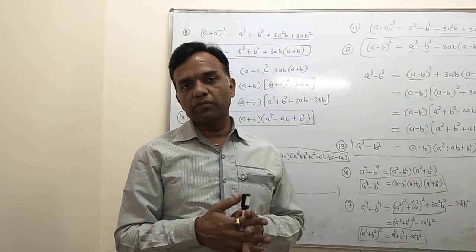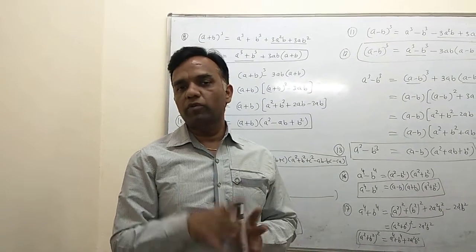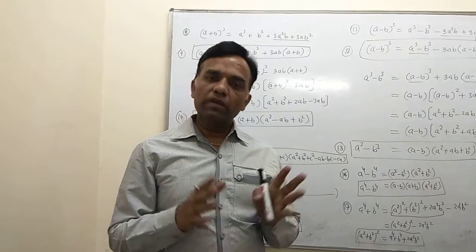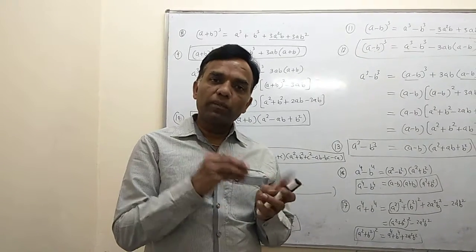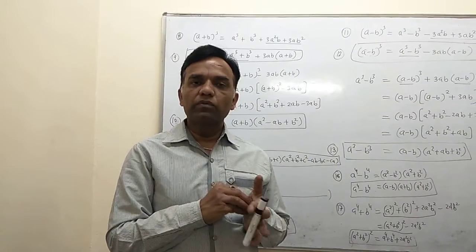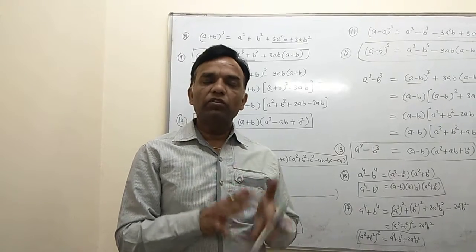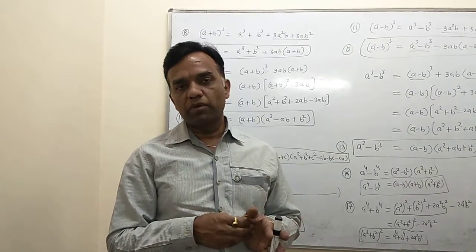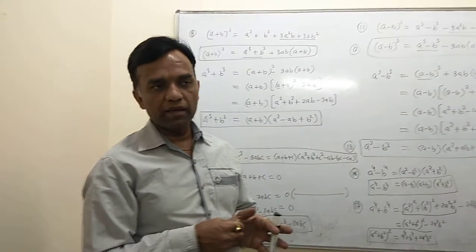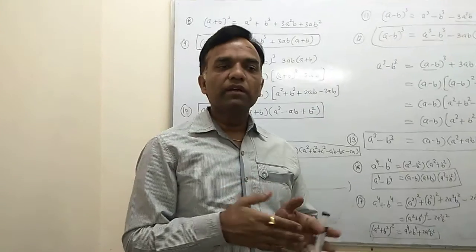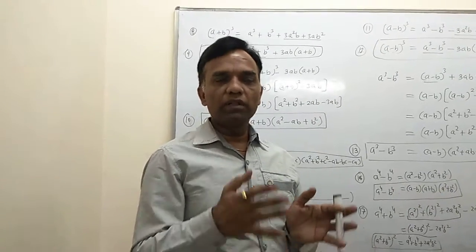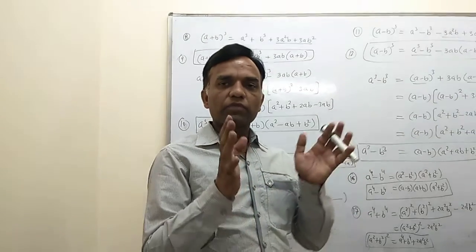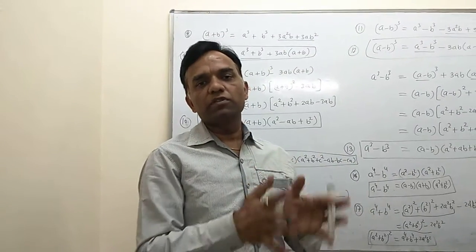Suppose you know the formula for a plus b but not for a minus b; that doesn't matter. You can replace the second value with a minus sign, and then your formula converts into the form of (a minus b) whole square. So any identity you can convert to the negative form, but before this, first you learn the positive identity.